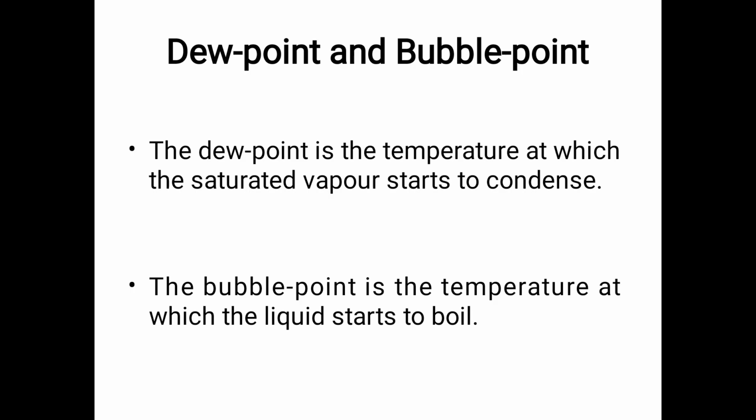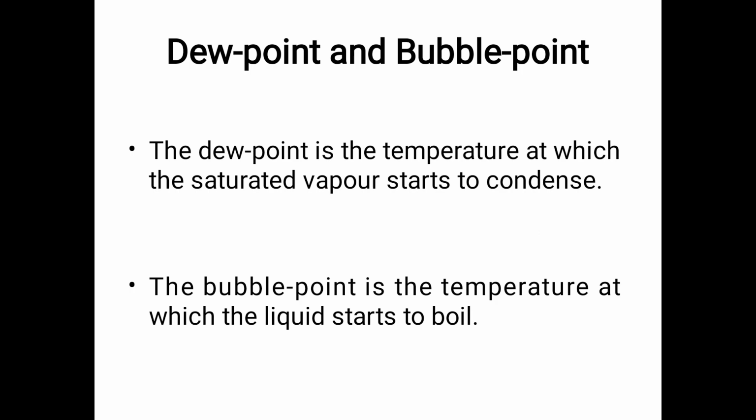What is dew point and bubble point? In the distillation process, these two points are very important, dew point and bubble point. Already we know the dew point is the temperature at which the saturated vapor starts to condense, gas to liquid. That point is known as the dew point.